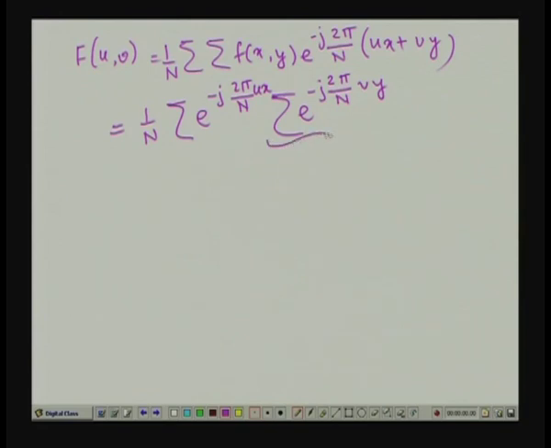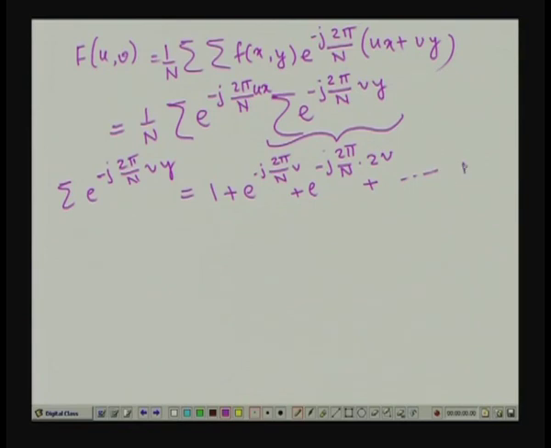Now, let us take one of these terms. If I expand this, summation e to the power minus j 2 pi by capital N vy will be simply 1 plus e to the power minus j 2 pi by capital N plus e to the power minus j 2 pi by capital N into 2v, plus it continues like this, and there will be a total of capital N terms.